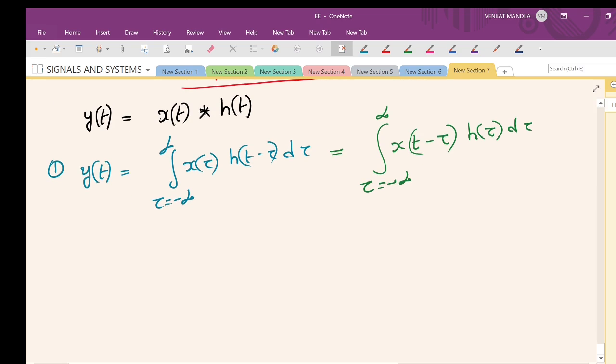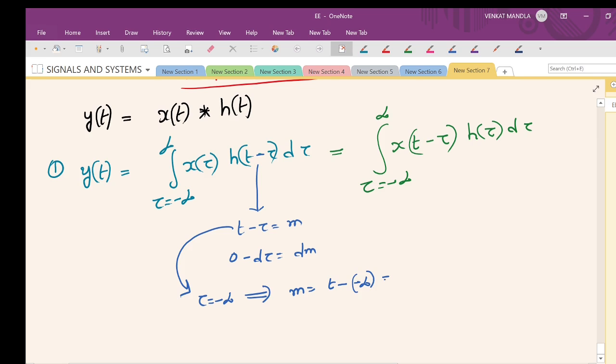This I know, so I will just put t minus tau equal to some m. Then minus d tau equals dm. From this, if tau equals minus infinity, then m equals t minus of minus infinity, that equals plus t plus infinity, so you will get infinity.